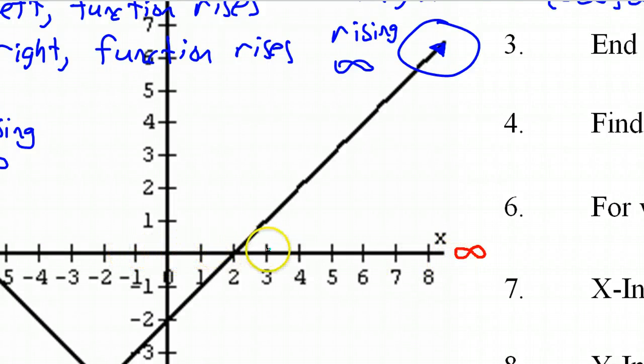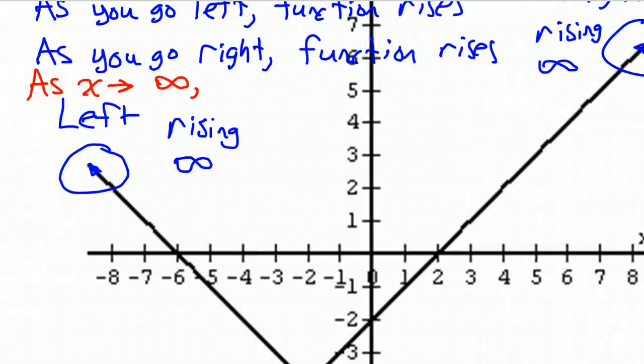So if the x values are approaching positive infinity, you're going to the right. That's why if I want to say as you go right, we can say as the x values approach positive infinity. And again, the function rises, so we can say f of x approaches positive infinity.